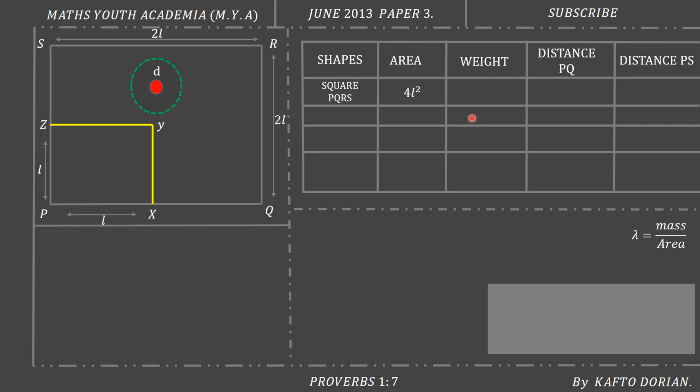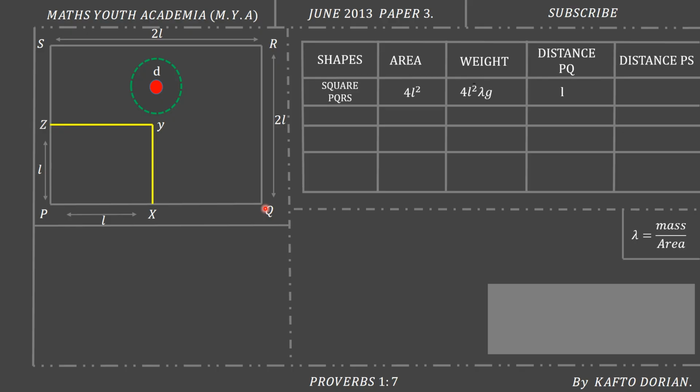For the weight, we can record that lambda equals the mass over the area. If I want the mass, I simply cross multiply, so the mass is lambda times the area, and the weight is mass times gravity. So the weight is area times lambda times gravity, and in this case it is 4L squared times lambda times gravity.